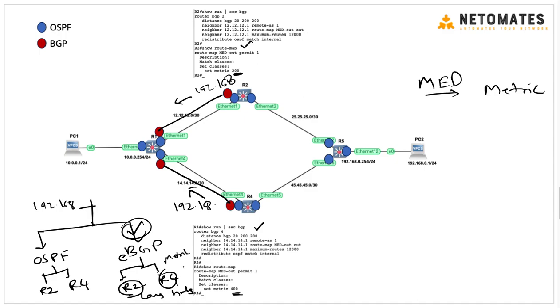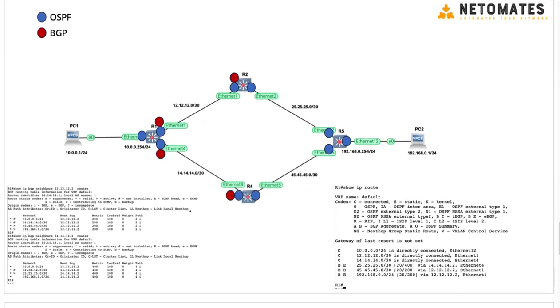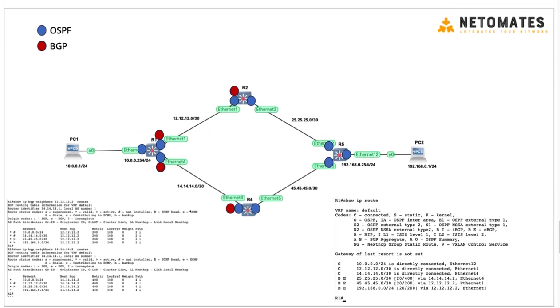Let's go ahead and check the routing table now. In the routing table you can see the router preferring the route via R2, because the metric value here is 200.